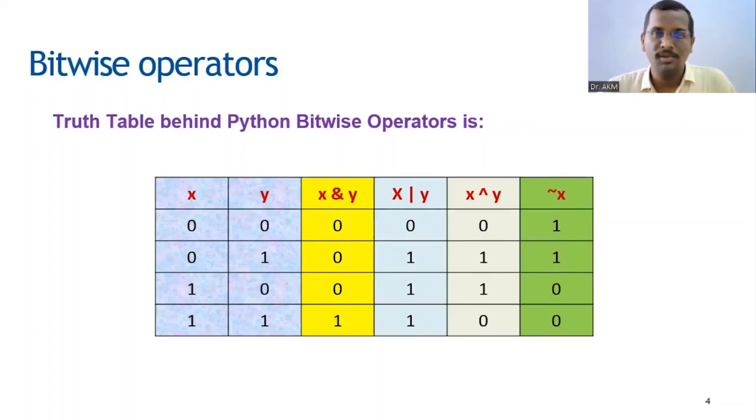The main difference between exclusive OR and bitwise OR is, for exclusive OR, any one statement is supposed to be 1, need not be both. If both of the values are 1, the answer is 0 in exclusive OR. Whereas in bitwise OR, if any one of the statements is 1, the answer is 1.